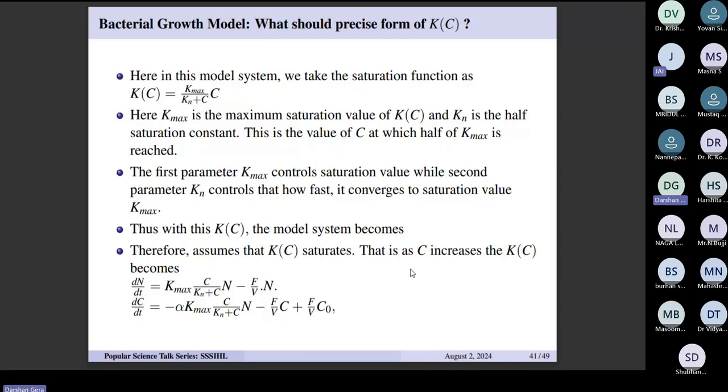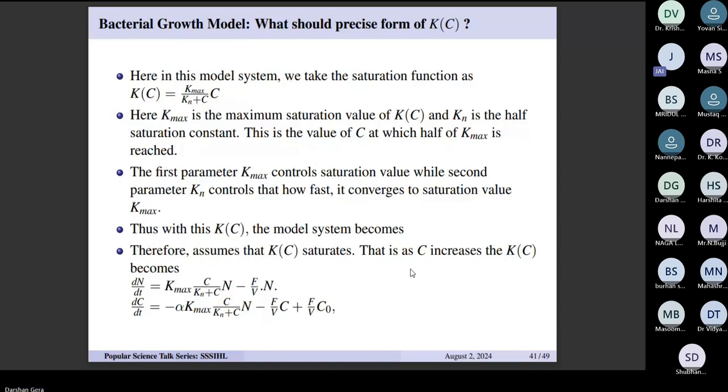And when you have 1 here, at C equal to 1 the saturation level was half. So we call C equal to 1 the half saturation constant.